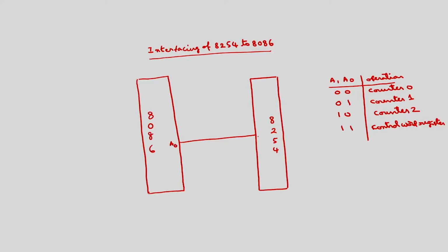A0 of 8086 and A0 of 8254 will be connected together, A1 to A1. Similarly, we have read bar and write bar. Then we have to generate the chip select of this particular 8254 IC.